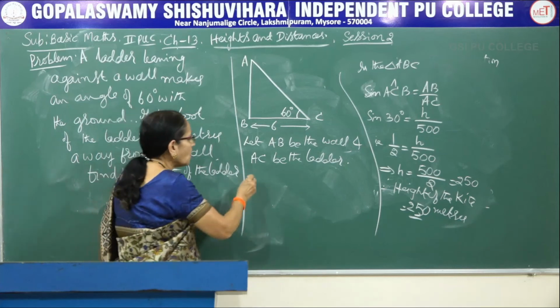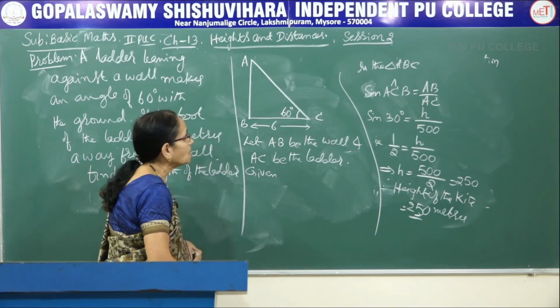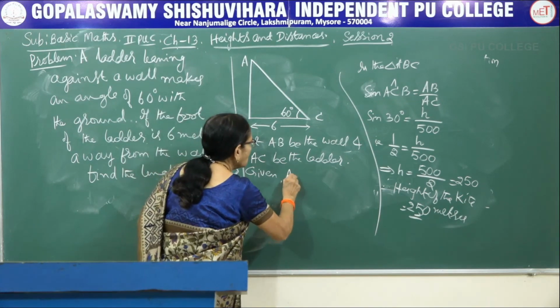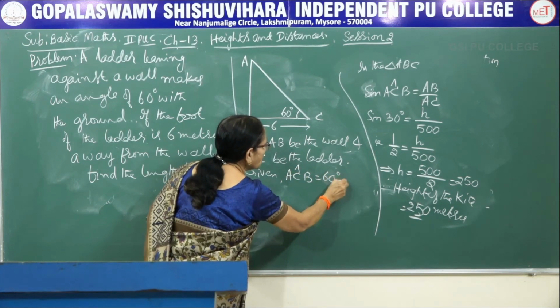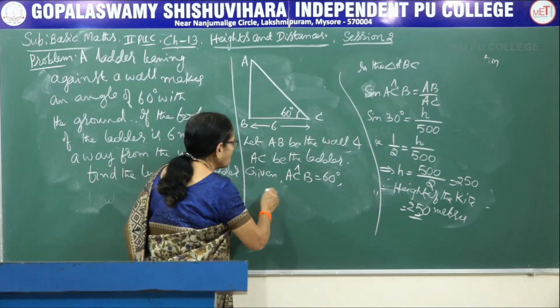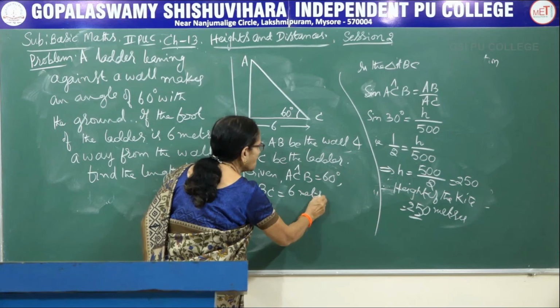We have made the assumption that AB is the wall and AC is the ladder. Given angle ACB equal to 60 degrees, which is the angle of elevation. And what is the other data? BC is given to be 6 meters.